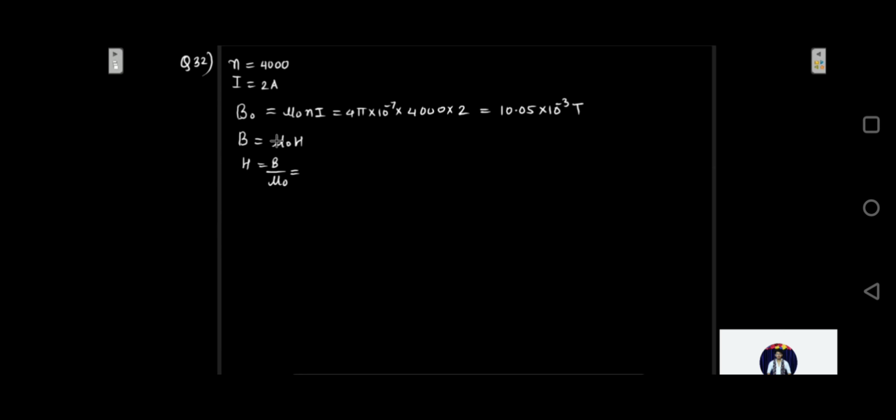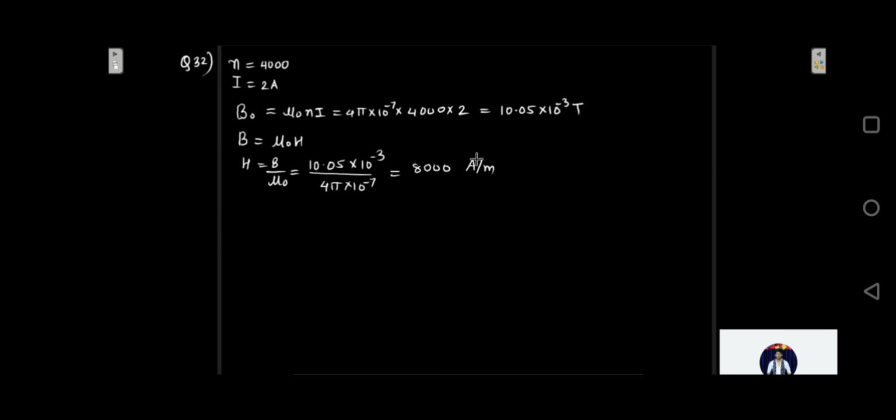Since there is nothing inside that solenoid, the total magnetic field will be 10.05 into 10 raised to minus 3 Tesla upon mu naught, which is 4 pi into 10 raised to minus 7. So as good as removing this part. Okay, so it is going to be 4000 into 2, that is 8000 ampere per meter.